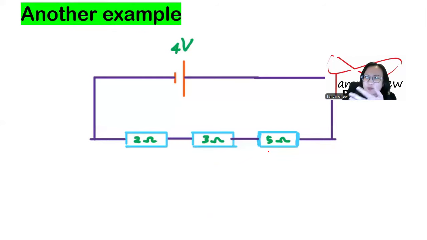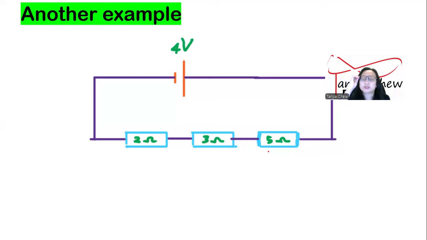For a series circuit, you have to understand that the current passing through all the 3 resistors is the same current. It is the same amount of current passing through 5 ohm, through 3 ohm, and through 2 ohm before going back to the negative terminal. So in this case, current is constant.